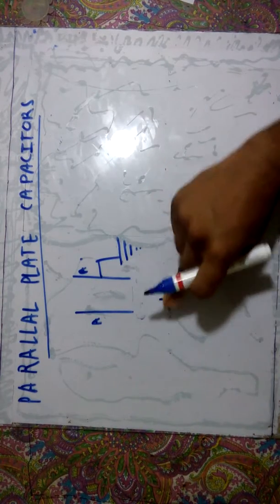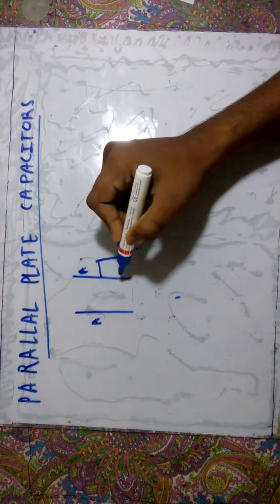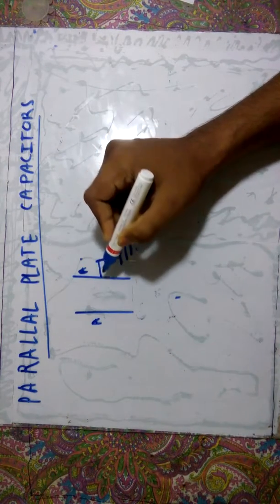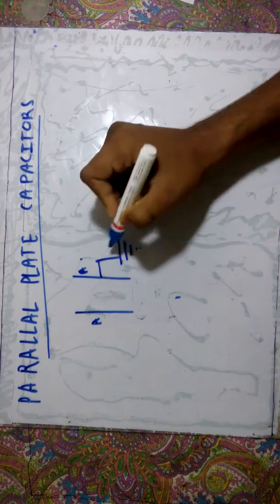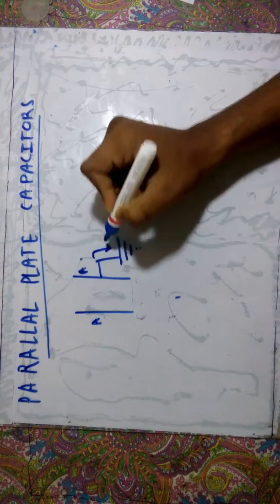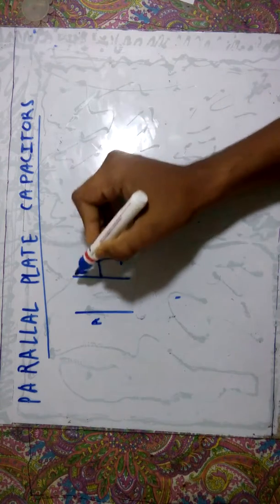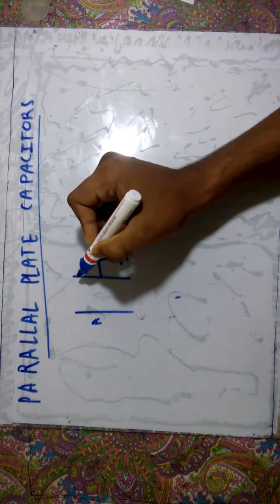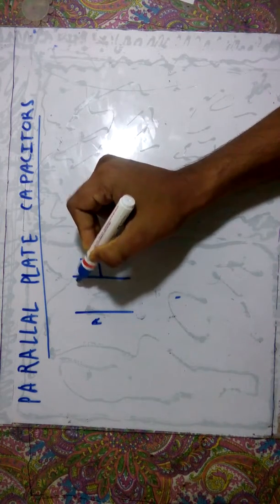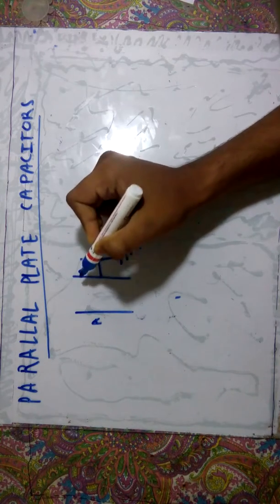So what we will see in this grounded plate is that the plus charges will go into the earth through the ground, and only the negative charge remains on the other plate.